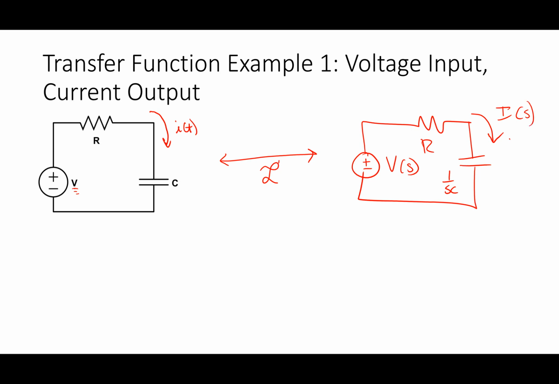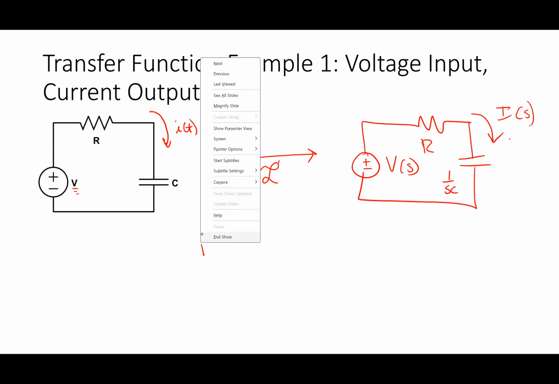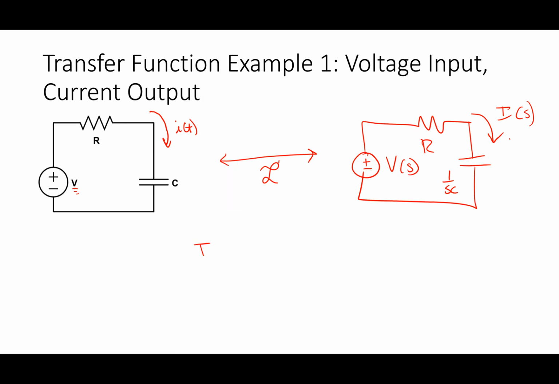So how would I solve for that? Well, if I of S is my output, I just use essentially Ohm's law for this, and I say I of S has to be equal to the input voltage V of S divided by the total impedance in the circuit. The total impedance in the circuit is R plus 1 over SC. Now, that's a correct answer, but I like these things to be rational functions of S, which means ratios of polynomials.